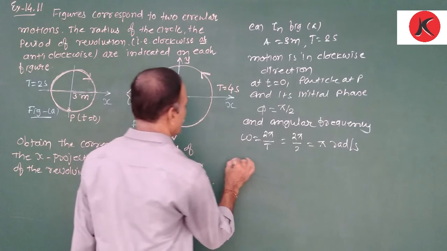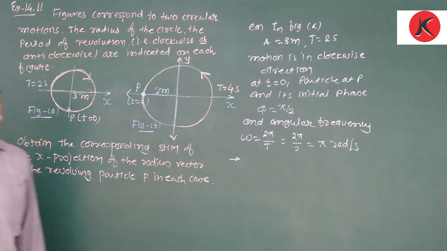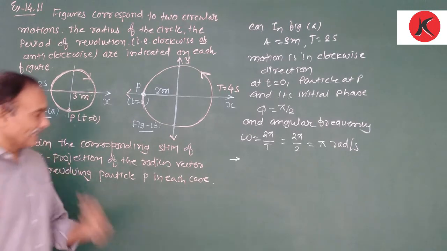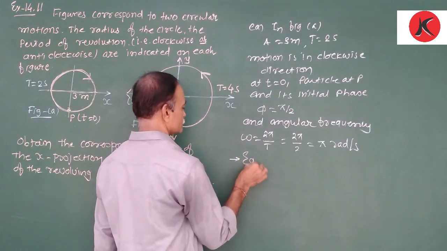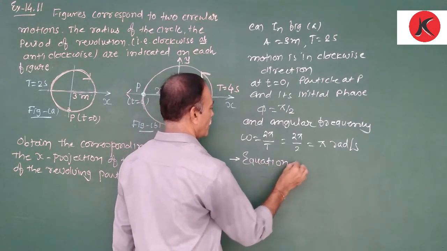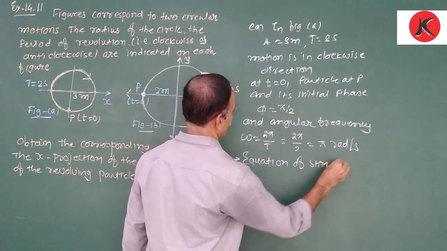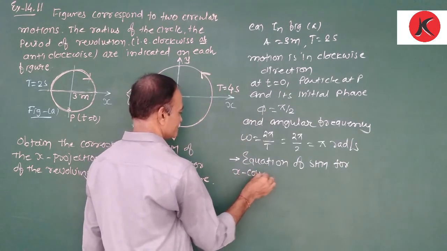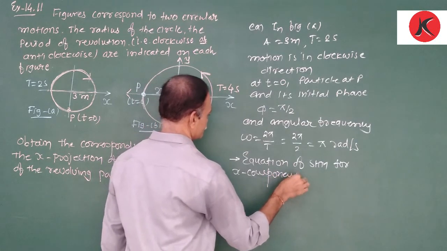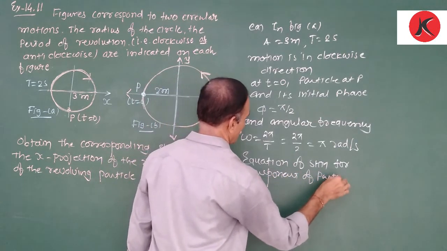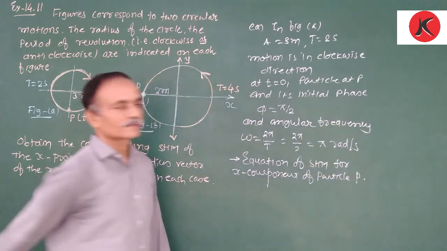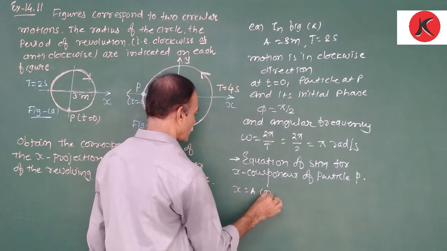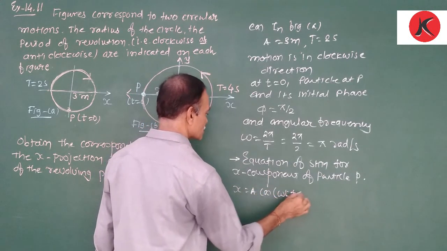Now, we require the equation of simple harmonic motion for the x component of particle P. Right? Therefore, the equation of simple harmonic motion for the x component of the particle is given by our equation x is equal to a cos(omega t plus phi).